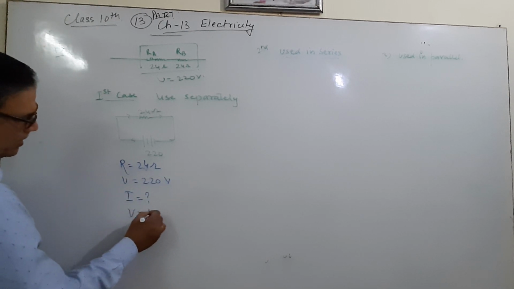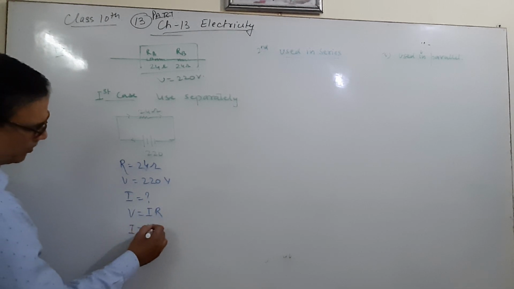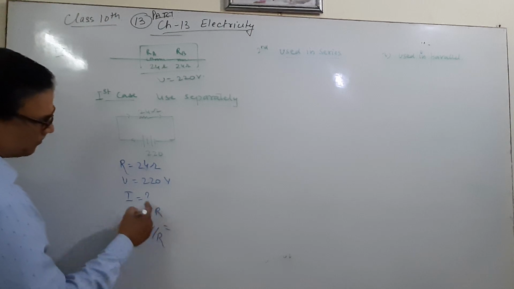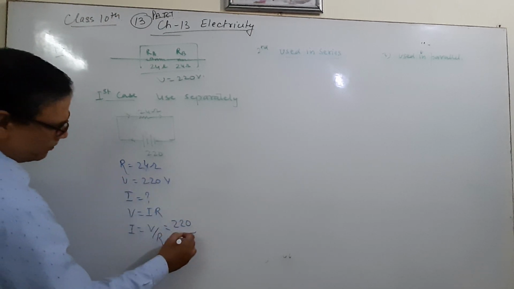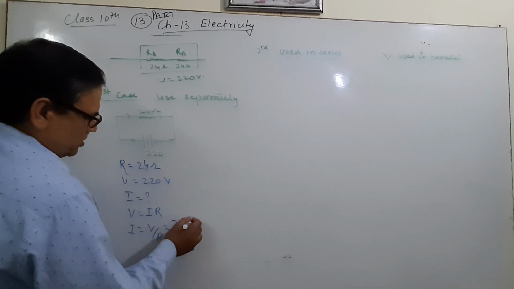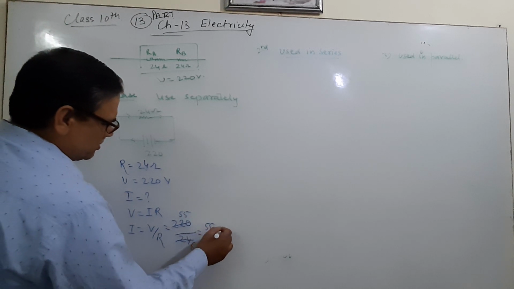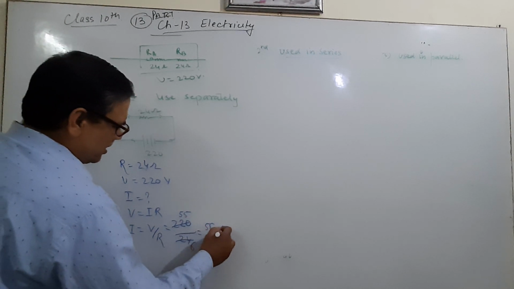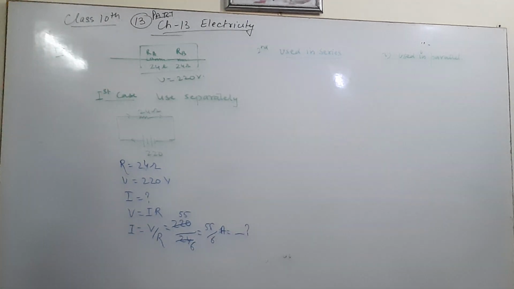V is equal to IR, then I is equal to V upon R. What is V? 220. What is R? 24. And this will be 55 upon 6 ampere. That is your answer, and now reduce it in decimal form.